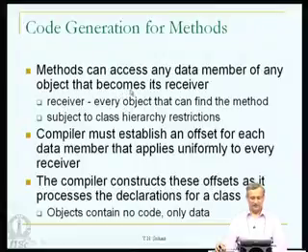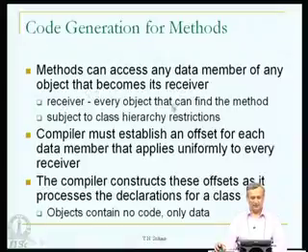So, that B is the receiver, subject to, of course, class hierarchy restrictions. So, whenever in the hierarchy of classes an object can find a method and that method can be executed, methods can access any data member of any object that becomes the receiver.